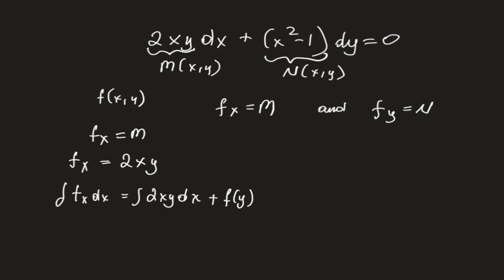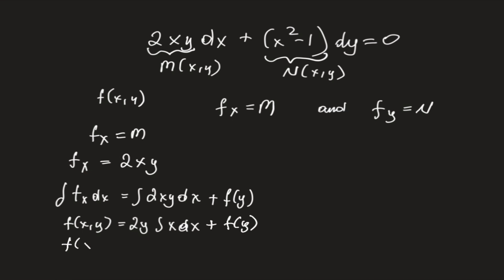If I integrate the left side, I'm just going to have some function in terms of x and y as a result. And on the right side, the integral of 2xy with respect to x. Remember, that means y we're going to treat as a constant. So if you wanted to, you could rewrite this as y integral, or even 2y integral of x dx plus f of y.